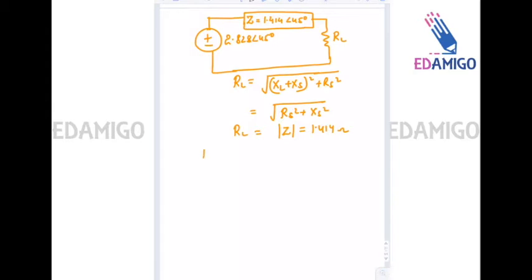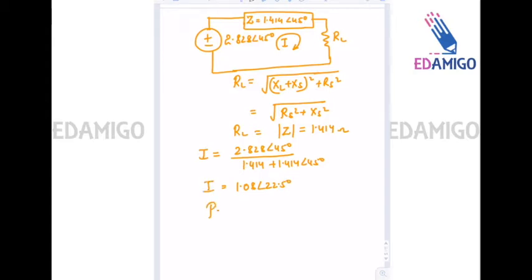Now we can easily find the value of current in this loop, that is equal to the supply voltage divided by the total impedance, that is 1.414 ohms plus 1.414 angle 45 degrees. Now using the calculator you can easily get the answer, that is 1.08 angle 22.5 degrees, that is your current.